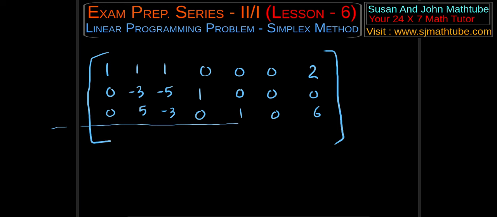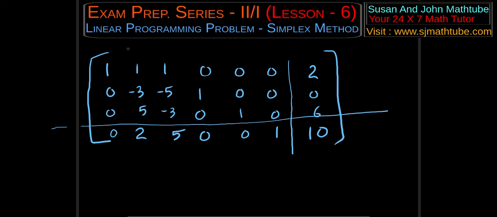And finally 0, 2, 5, 0, 0, 1, 10. And that's it. Now look at this. The good news, it's so awesome, because in just one step it became optimal. All are positive. And I'm going to write x1, x2, s1, s2, s3 and z.